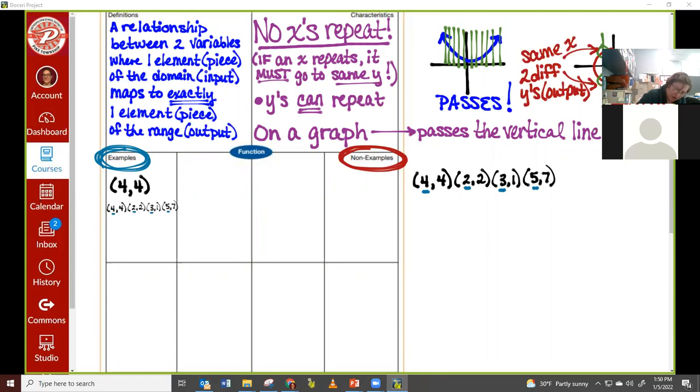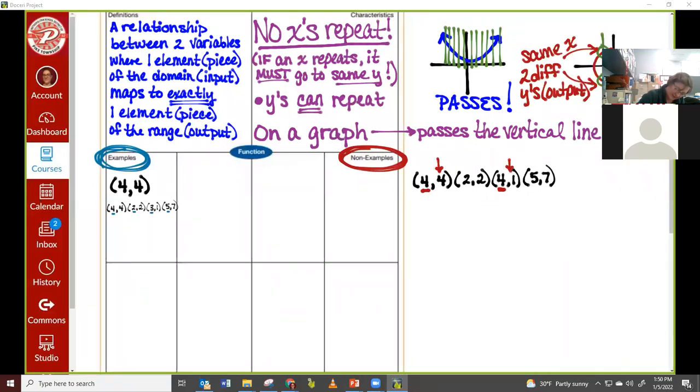What about if I had almost the exact same list, but say right here, that one little change happened? Would that be a function or not a function? That is not a function. Why not? Why is that not a function? X repeats itself right here, and it goes to two different Y's.